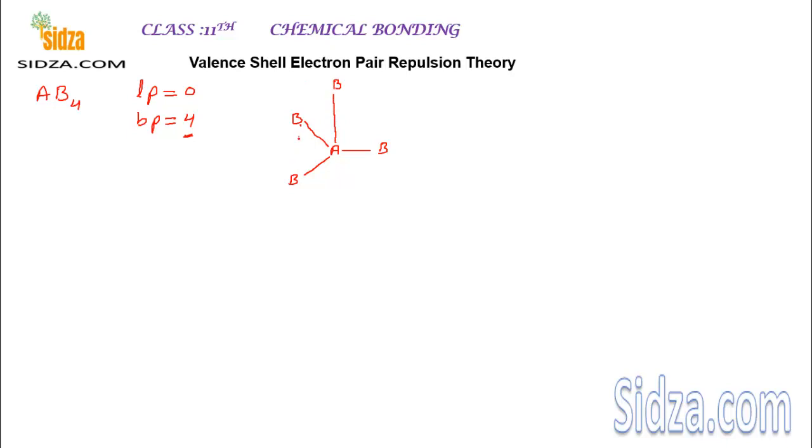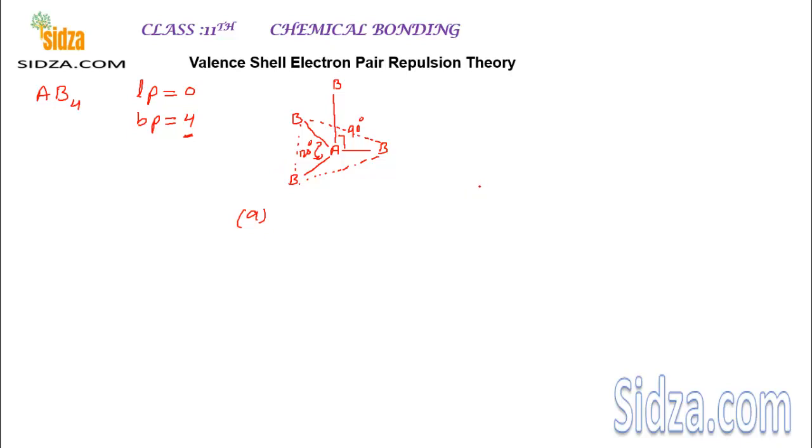So these 3 B atoms are in one plane, right? And now I am inserting one more bond pair above this plane. So the angle here now will be what? It will be 90 degree angle, correct? This is one of the possible shapes, and here you can say the bond angle is 120 degree.